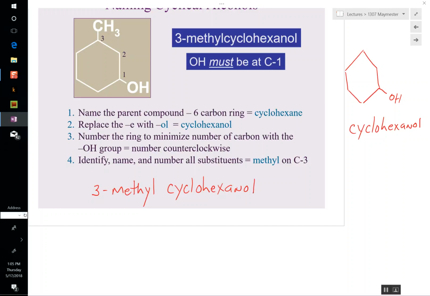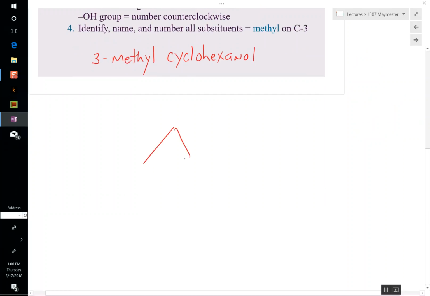Yes? What if you have 2 OHs? Then it's a diol, and you would need numbers. Let's do a simpler one. Let's do just 5 carbons. You could have 2 OHs, and it would be a diol.